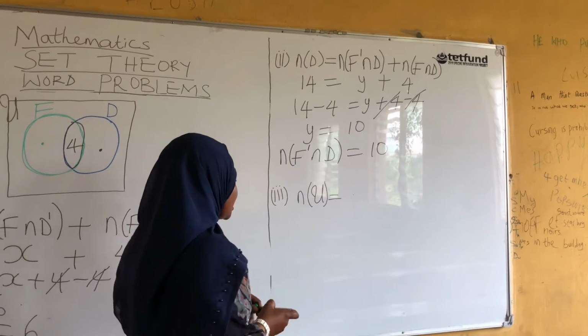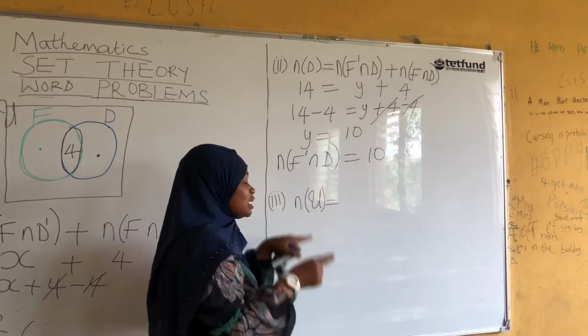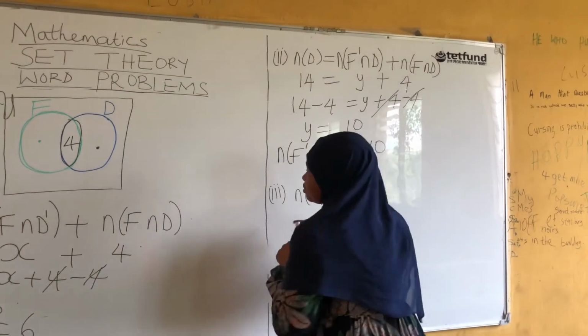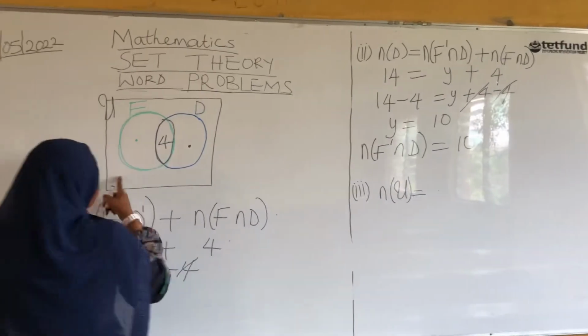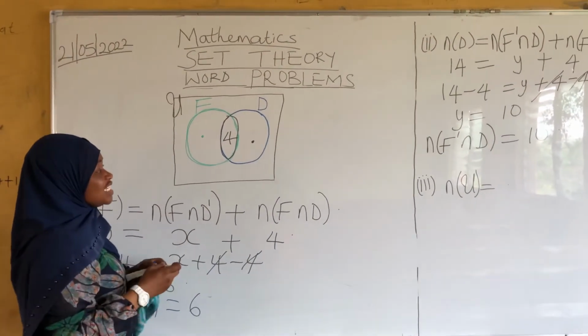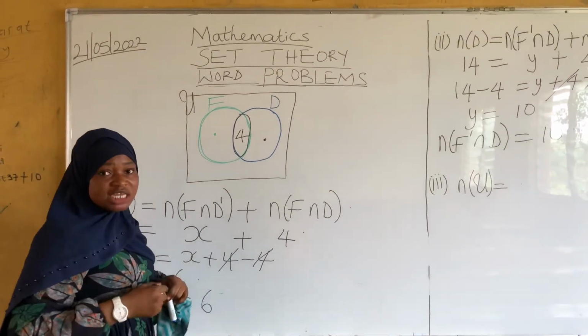Now, the cardinality of universal set, that is all the competitors that are present in that party. It will be from here. This side will be those that do not dance to any of the music. But from the question, they say that nobody in that party does not dance to any music.